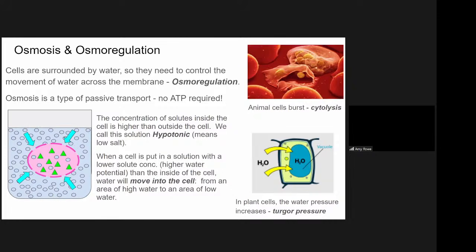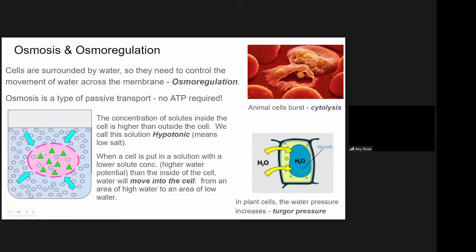Hypo means low, and tonic refers to the salt concentration. So we put our cell here into a hypotonic solution. There is a lower concentration of solutes out here than in here. What that means is there is a much higher concentration of water outside the cell than there is inside the cell.